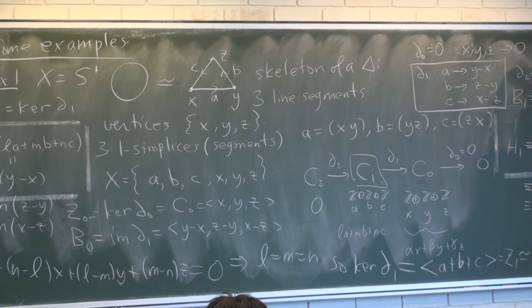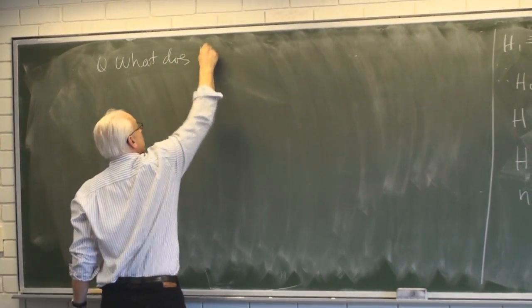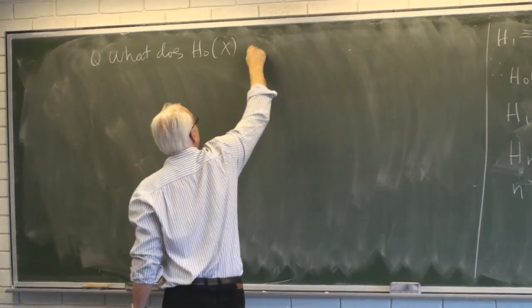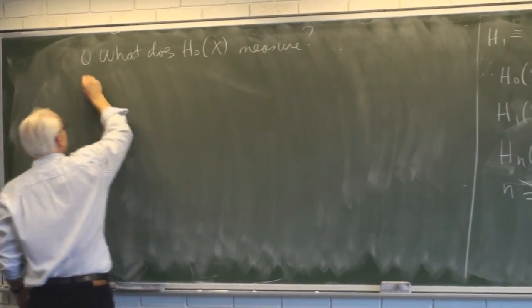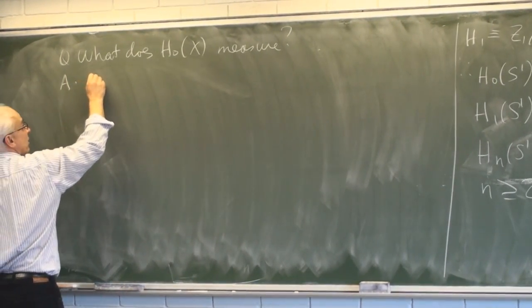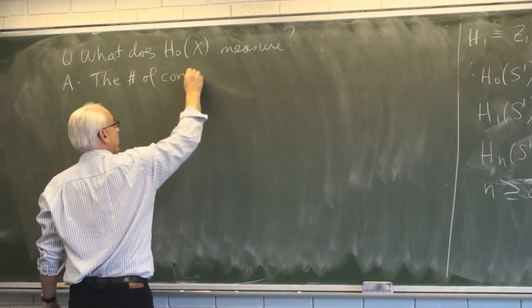It's an important point, so I'll write that down. So the question is, what does H0 of X measure? And the answer is, it measures the number of connected components.